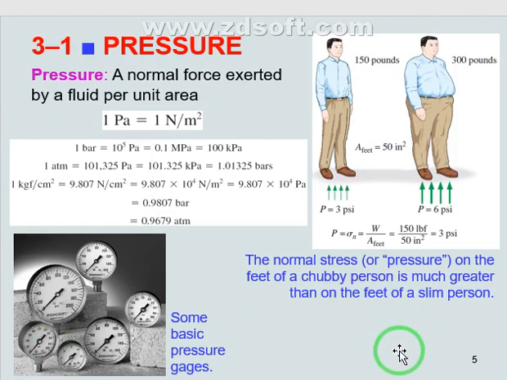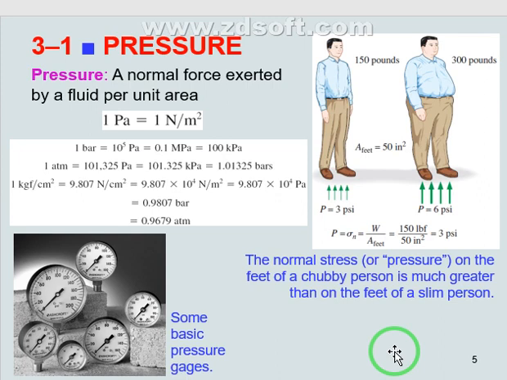So what is pressure? In general, pressure is force over area. But in fluids and liquids, we are dealing with normal forces. So when we calculate the pressure, it must be the normal force over the unit area.